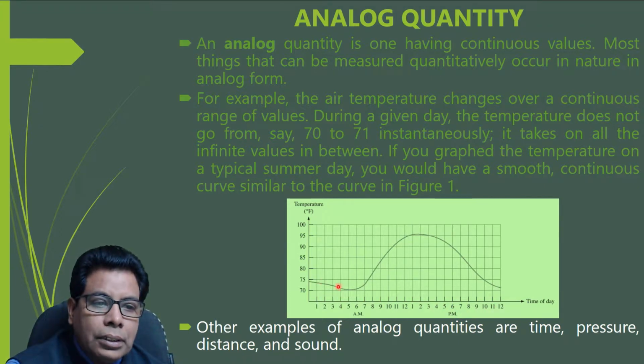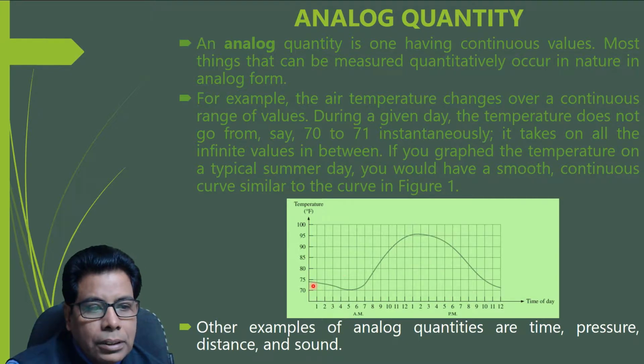So this curve is continuous. That's why the analog quantity is a continuous quantity. When we are plotting, it is not taking only the values which are shown here. It is taking the values which are in between these two, say from 75 to 70. There can be any number of values.